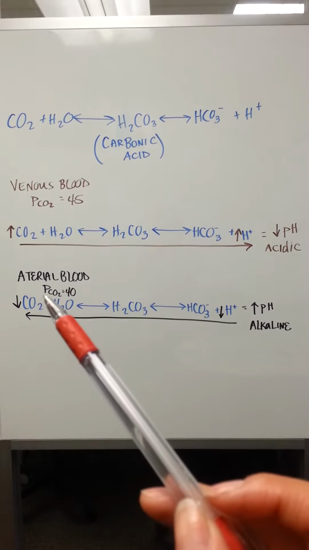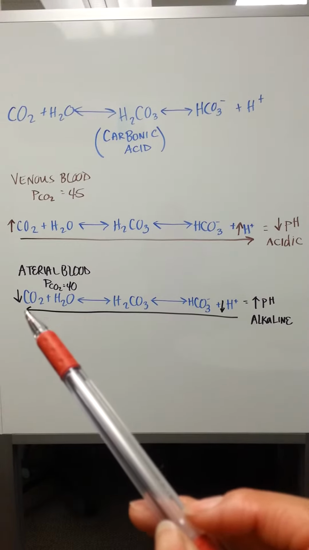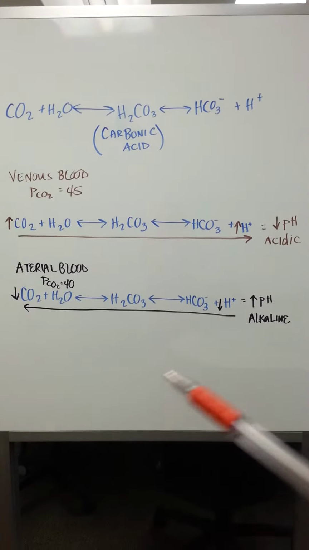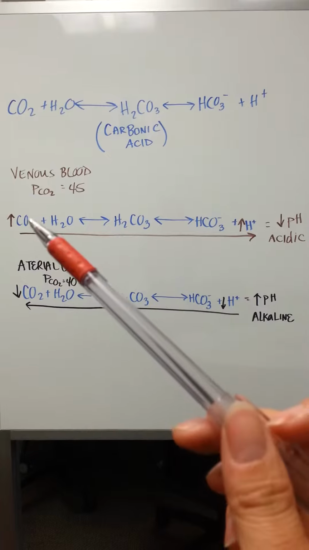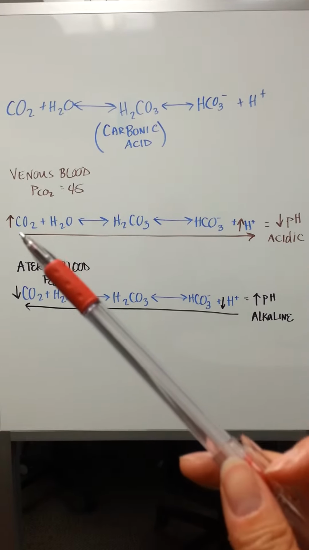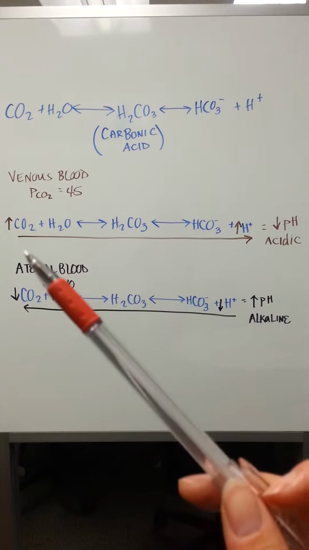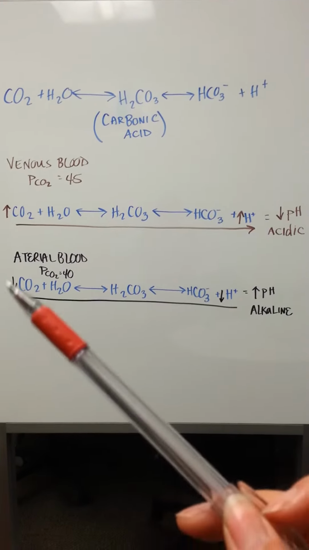Arterial blood is partial pressure carbon dioxide at 40. Decrease carbon dioxide, you get a shift to the left. Oh, I'm sorry. Up here in the venous blood, you get a shift away. So remember, increase, you go away from the increase. Now decrease, you go towards the decrease.